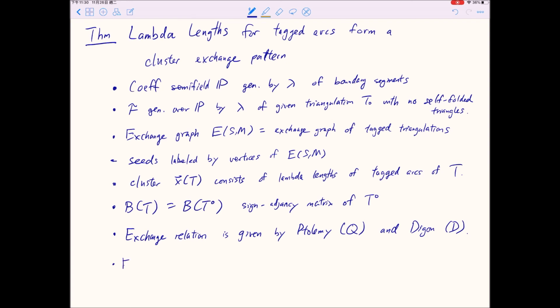And of course, finally, the exchange pattern does not depend on the choice of initial triangulation. So this is the general philosophy for cluster algebra.